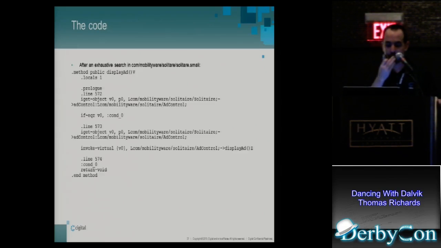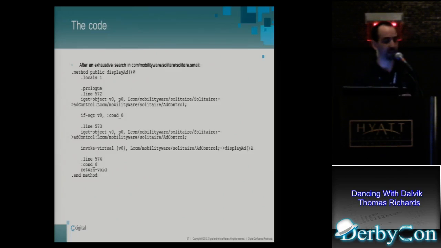So I was looking through the code. I was grepping through the code for the word ad. That was really hard to do because "ad" is a very common combination. So I searched for things like display and call and ad control.